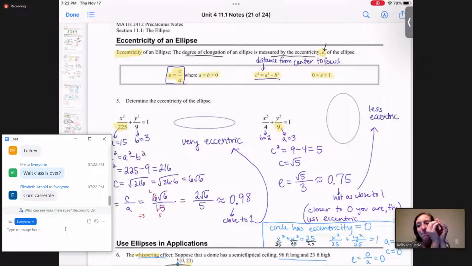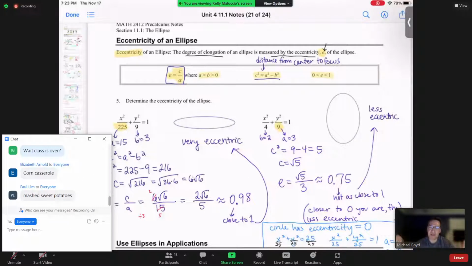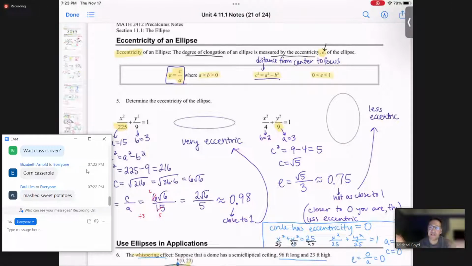But it is very strange that a circle has an eccentricity of 0. But as the foci move out, maybe there's a way to see that on that Desmos thing. If you mess around with that, you could probably look at that for a while too. It's cool.